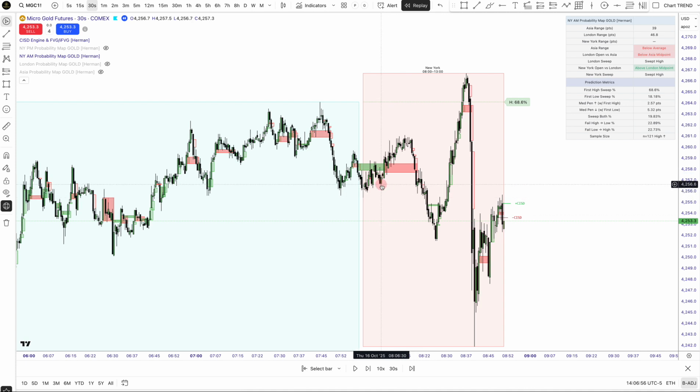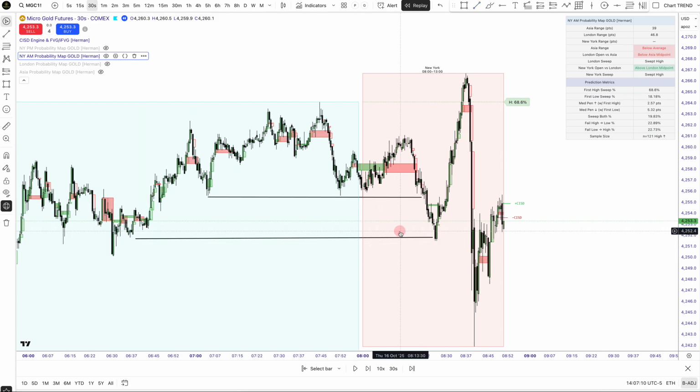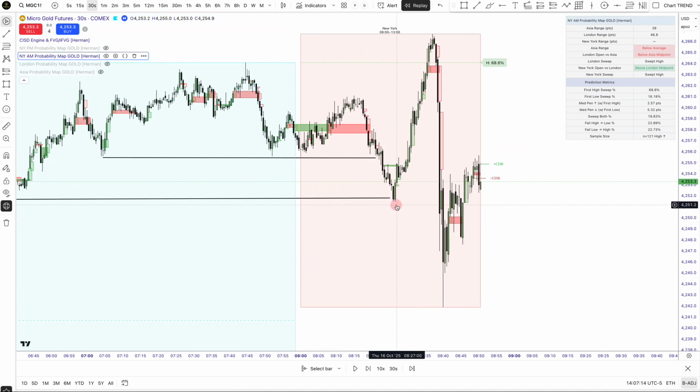So we start dropping lower, and we've got multiple sweeps. We swept those equal lows, and we swept even more lows. And where is the 50%? Even lower. And we've got a beautiful displacement, right?